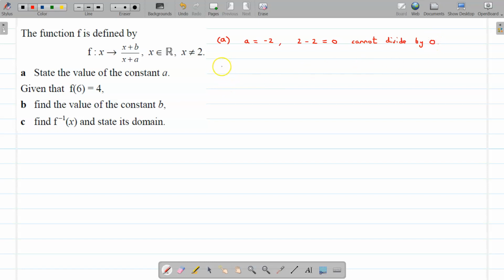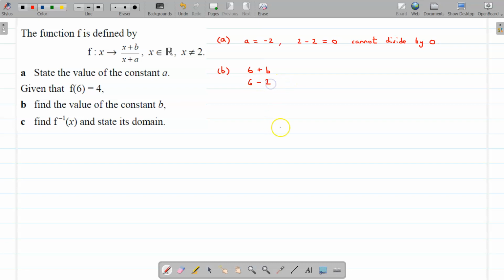Now, part B is asking us about f of 6 equals 4. We've got to find the value of b. Well, we just substitute x for 6 and solve it really. So we've got 6 plus b on the numerator, and then on the denominator we've got 6 plus a, and we've just said that a is minus 2.